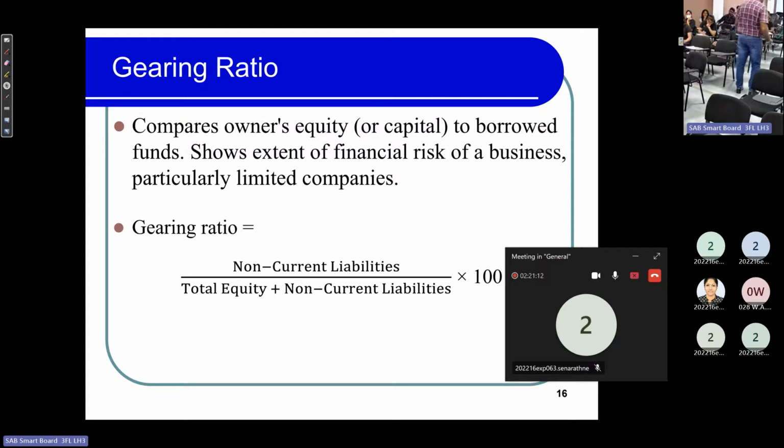There are many factors, right? Sometimes some companies are maintaining 70% gearing ratio. That means debt is higher. Sometimes that is the nature of the business. If they can justify that, no issue. But generally, better to keep around 50% gearing ratio.